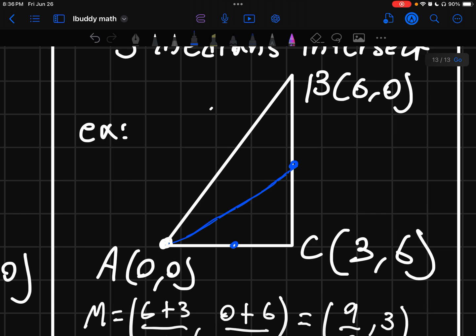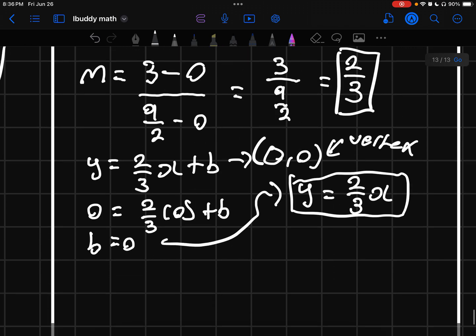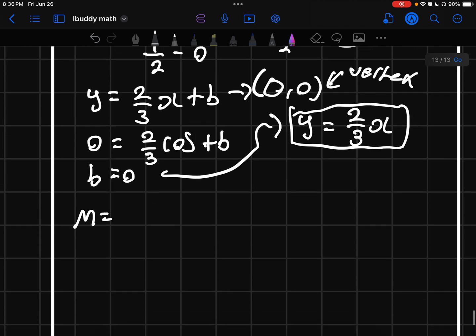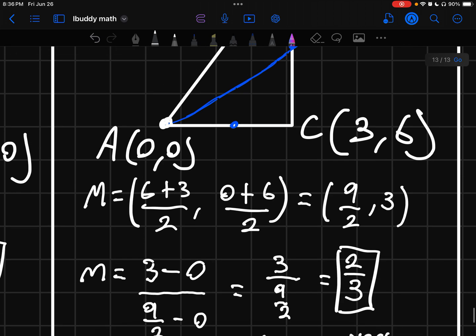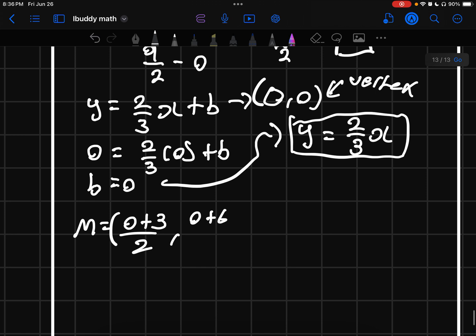The midpoint for AC would just be 0 plus 3 divided by 2, and 0 plus 6 divided by 2. And that would just be equal to 3/2, 3.